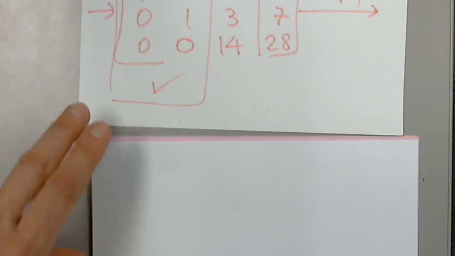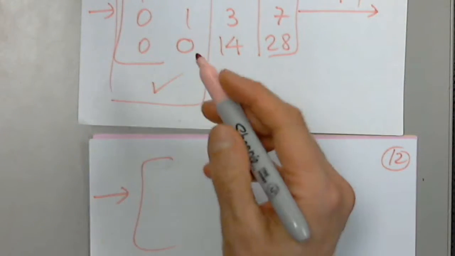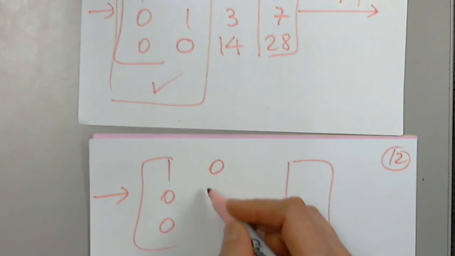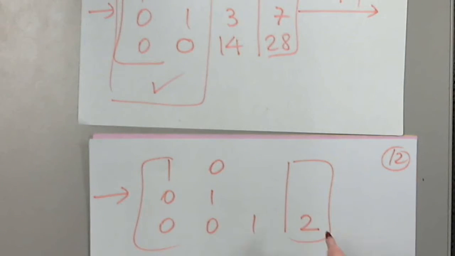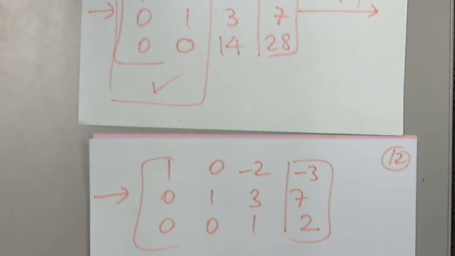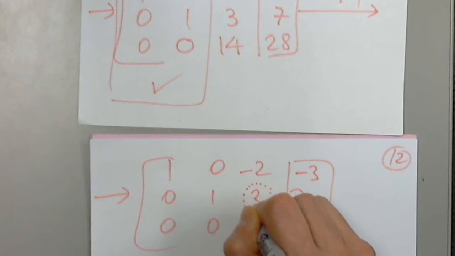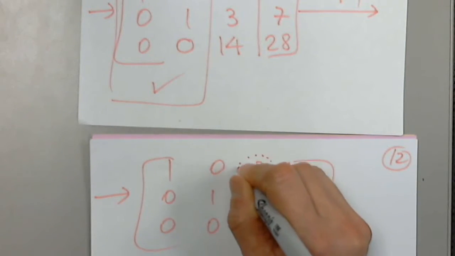So 1, 0, 0, 0, 1, 0, 1, 2, 3, 7, -2, -3. Which row do I have to use now in order to get the 0 here and the 0 here?